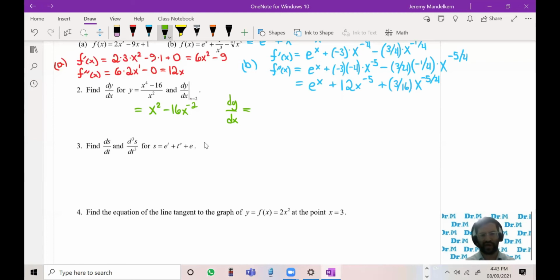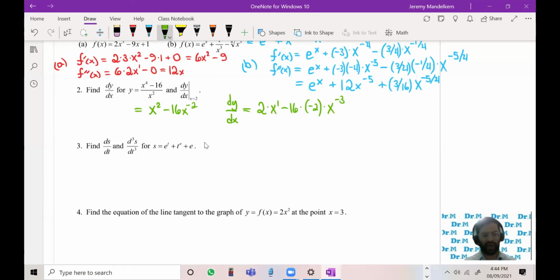So we'll apply now the rules of differentiation. We'll pull down 2, and this is times x to the power 1. And we have minus 16 multiplied by what is a negative 2 times x to one less value, which is going to be minus 3.